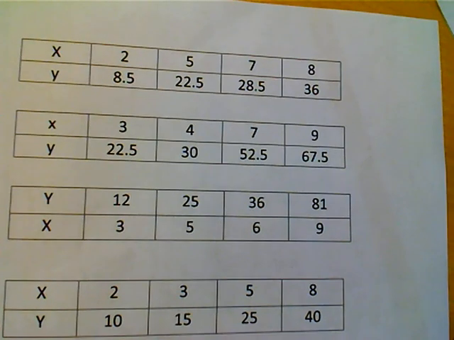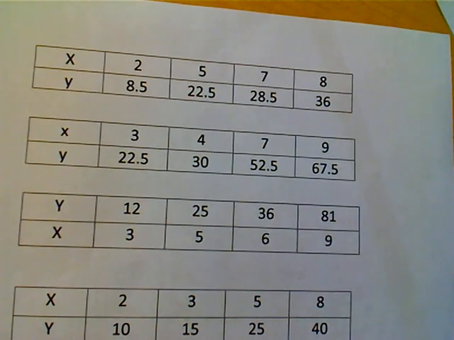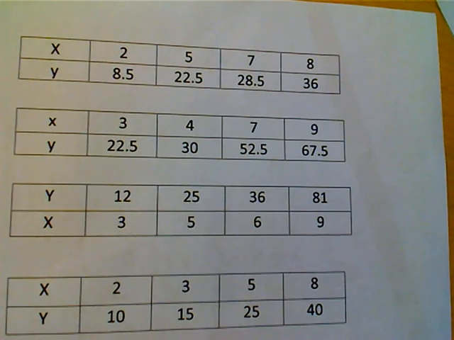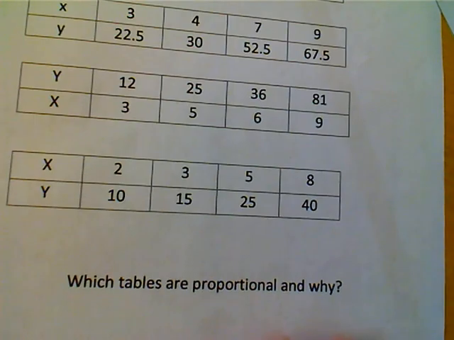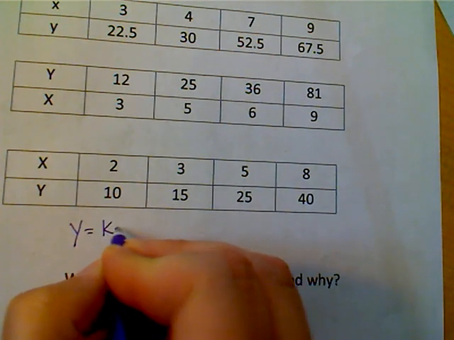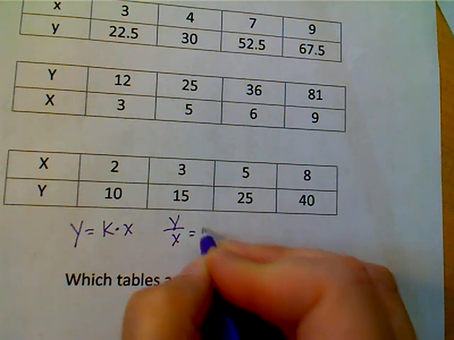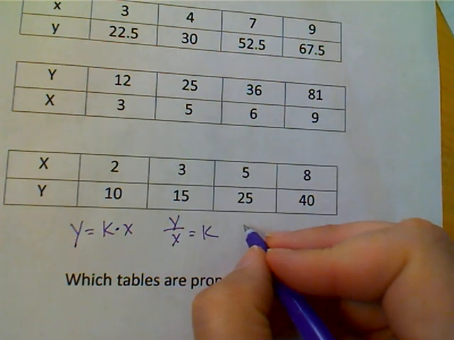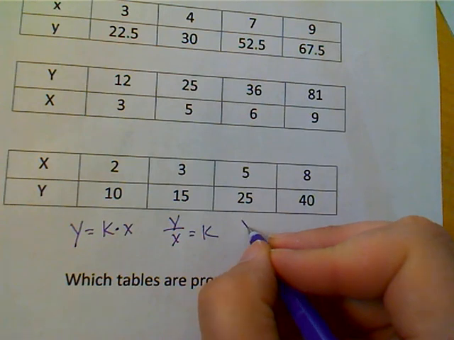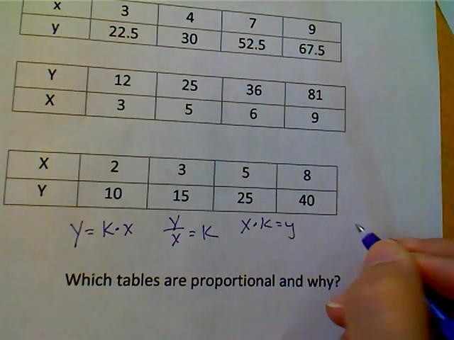Okay, the rule of thumb is, if one of them's wrong, then that's it. But you need to know y equals k times x. y divided by x equals k. x times k gives me my y.